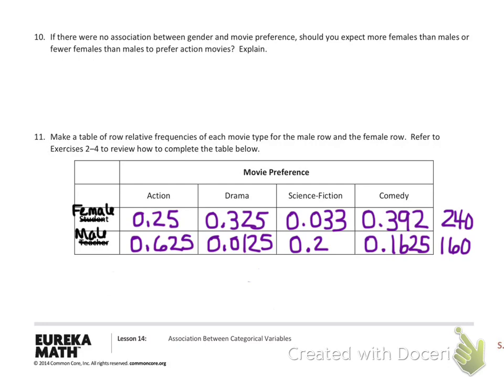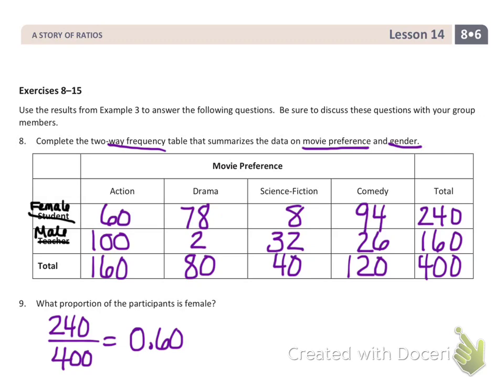Okay, so if I want to know which movie that participant would pick, if I want to try to predict what they would pick, it would probably be action, right? Because action has the highest proportion, it's the highest preference. And that's actually easier to see in the frequency table, because we have 160 people choosing action, whereas only 80, 40, and 120 for the other choices.